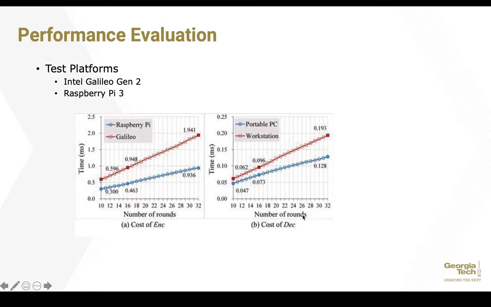Whereas on the decryption side, it assumes it is going to run on a PC or a server with enough storage. So this is the graph and metrics when it runs on a separate backend server or a PC. So again, 32 rounds.